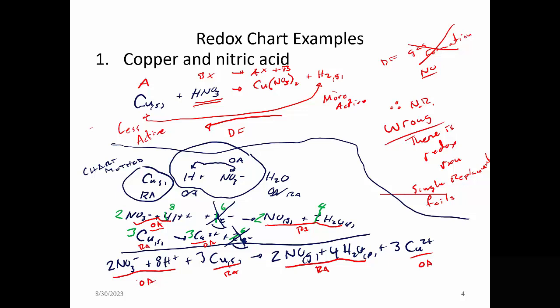Nitrate. So we just consult the chart. And so this is stronger, this is weaker. Because of the conjugate relationship, it must mean that copper is a stronger reducing agent than nitric oxide, nitrogen monoxide, and water. And so we have driving force here.